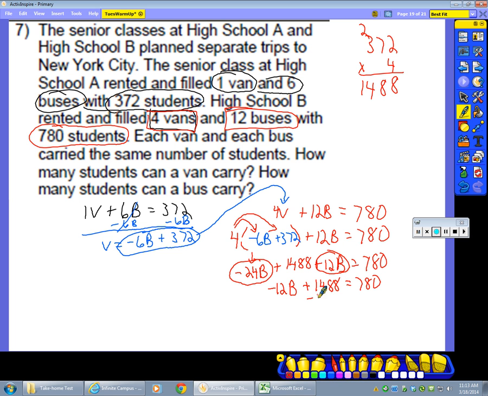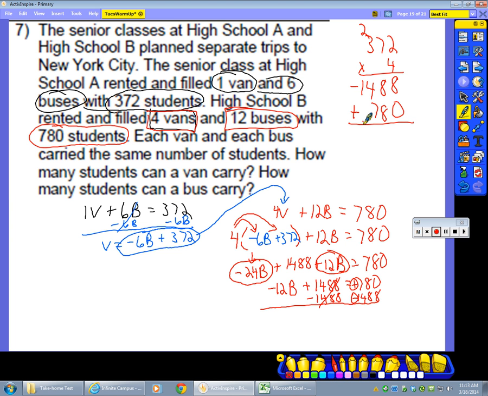Then I'm going to subtract 1488 from both sides. You learned back in 7th grade that if this is a positive and that's a negative and you're combining, you subtract these two. So a negative 1488 plus a 780.